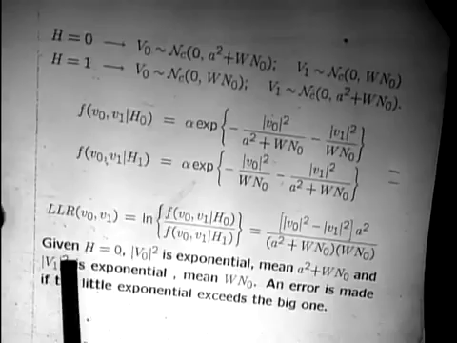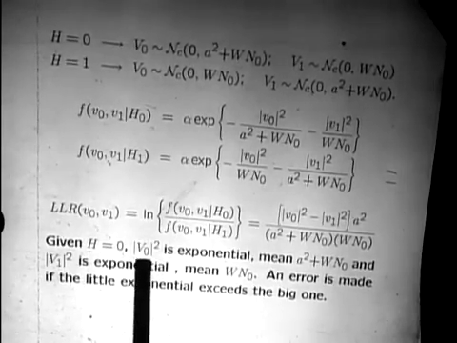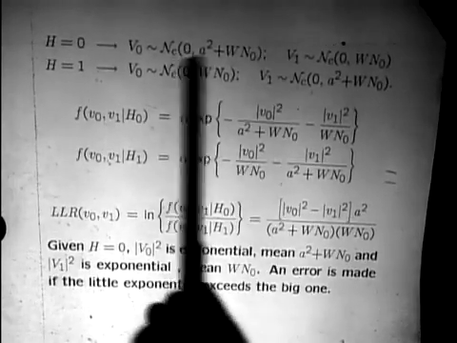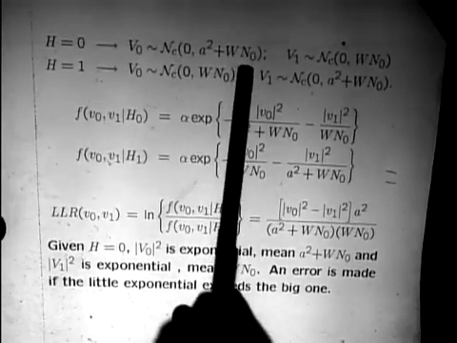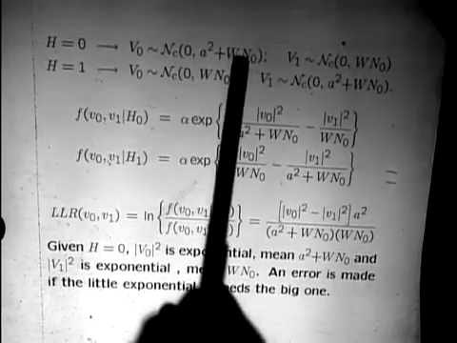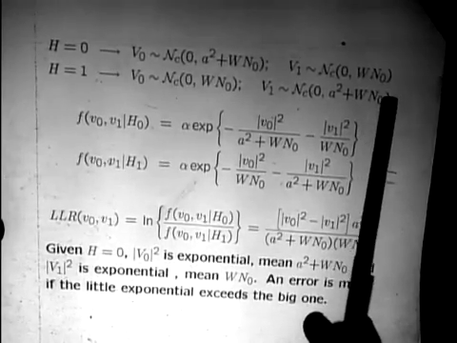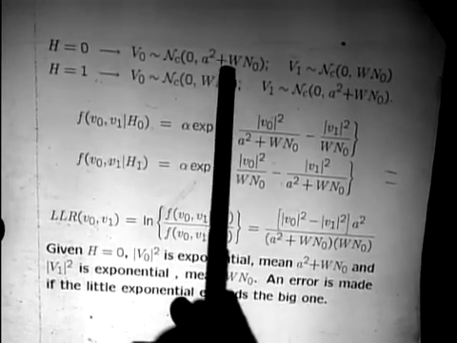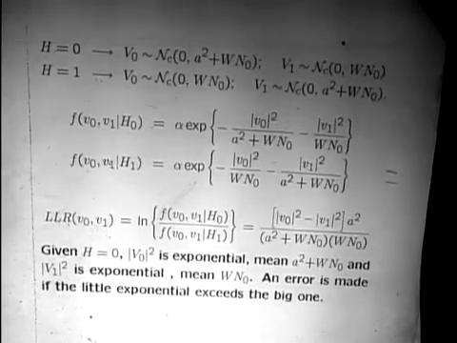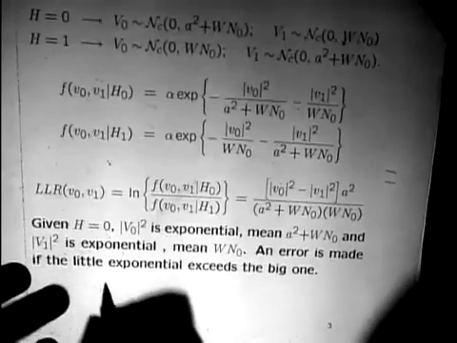If we actually transmit 0, then V0 squared is exponential with this mean. Namely, this is the mean of V0 squared, and V1 squared is exponential with this mean. In other words, this is a big exponential, and this is a little exponential. The two of them have probability densities that look like this.